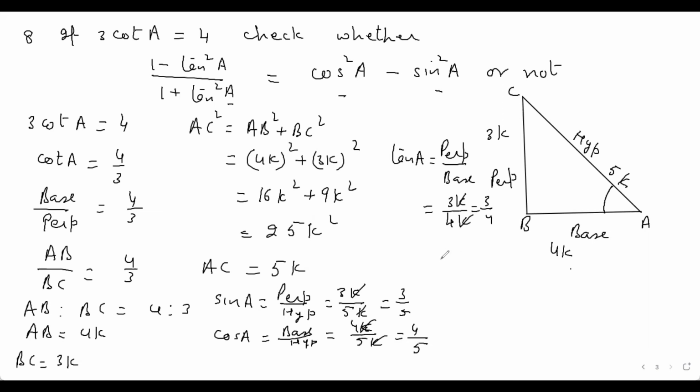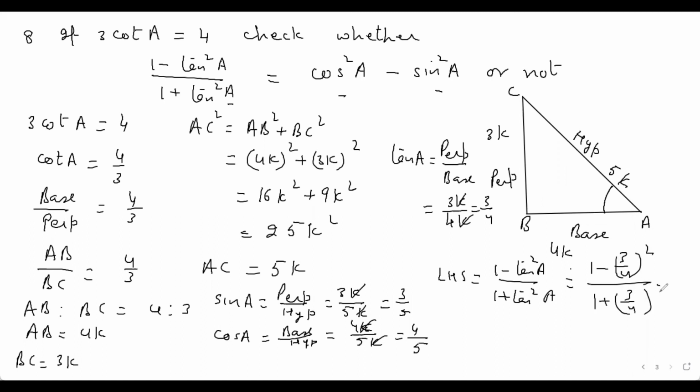Now, left hand side is equal to 1 minus tan square A upon 1 plus tan square A. It means 1 minus 3 by 4 whole square upon 1 plus 3 by 4 whole square. It means 1 minus 9 by 16 upon 1 plus 9 by 16.